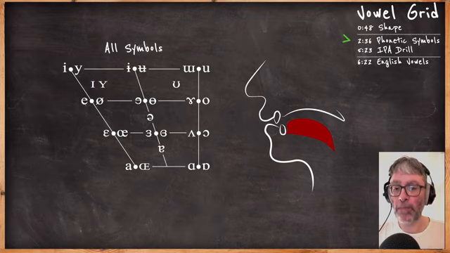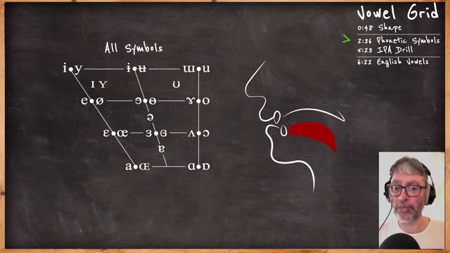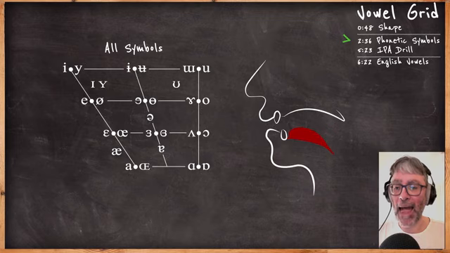Halfway to the top corner and rounded next to it. Halfway to the back corner and halfway to the open central position. Additionally, there is one in between open mid and open at the front.